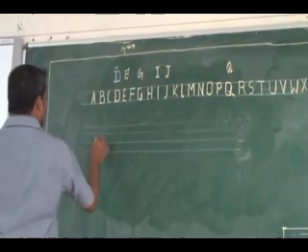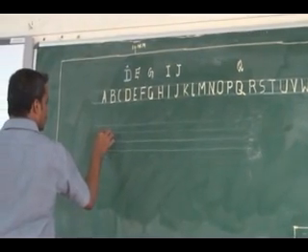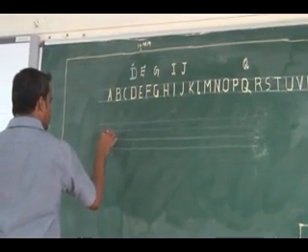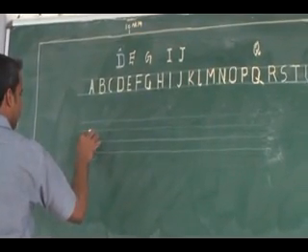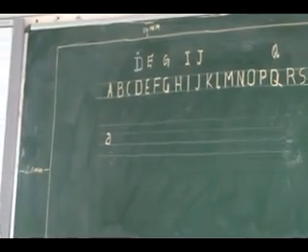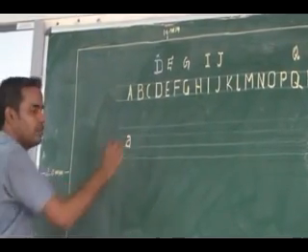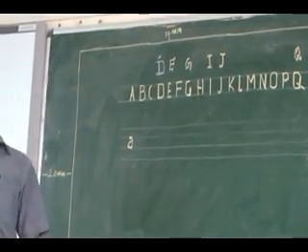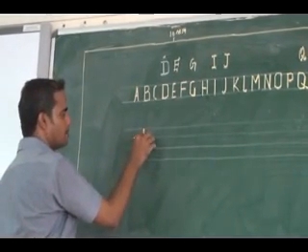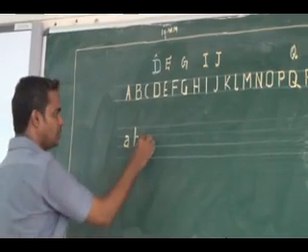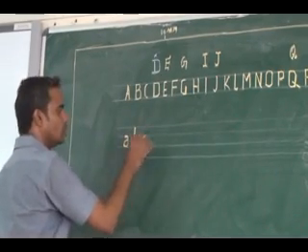So, A. Anything you are writing should be in the middle 2 lines. This is A. Then B. C, you have to write it in the middle 2 lines.